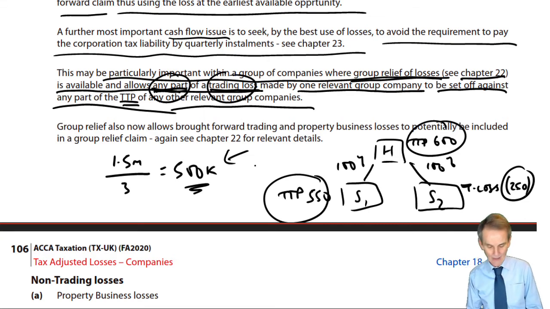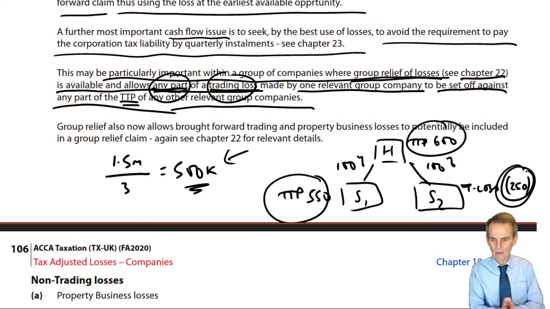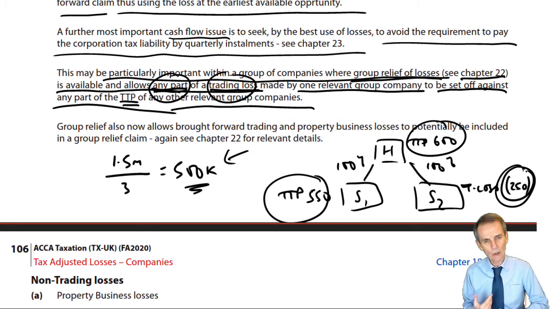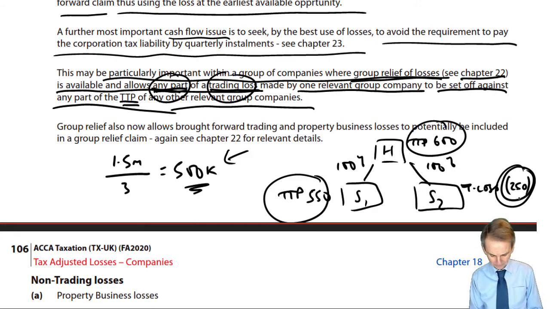On that basis, what we would now be able to do is not just use S2's trading loss of 250, as we've been introduced to in this chapter, in terms of a current period claim, a carryback claim, a carry forward claim just within S2. Now, because of the group structure that exists, it would allow group relief to apply. And that means that that 250,000 loss could be shared out in any way we choose amongst the other group members.